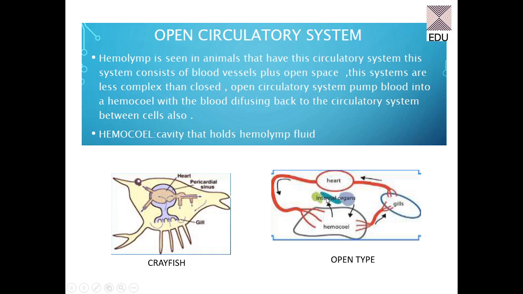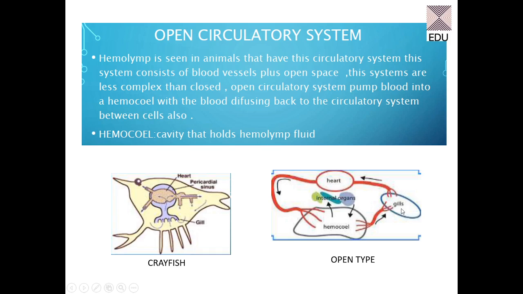The oxygen is used. The deoxygenated hemolymph is thrown back into the hemocoel. From here, the deoxygenated hemolymph goes to the gills. Now in the gills, it is oxygenated.